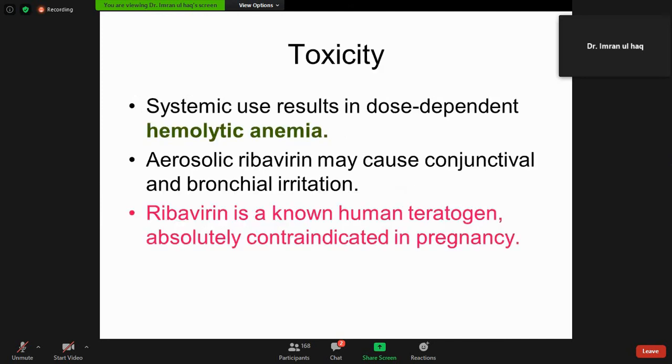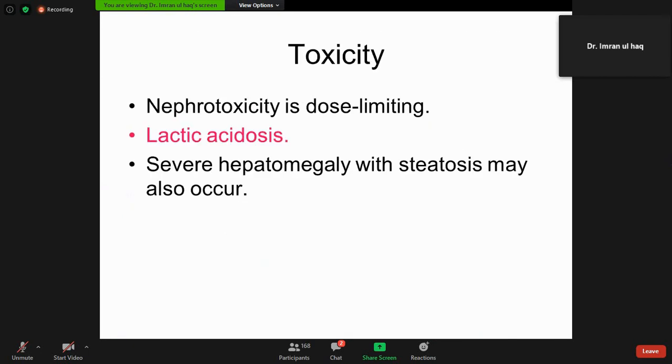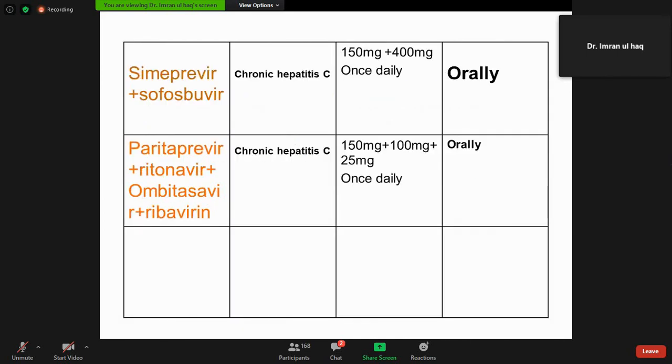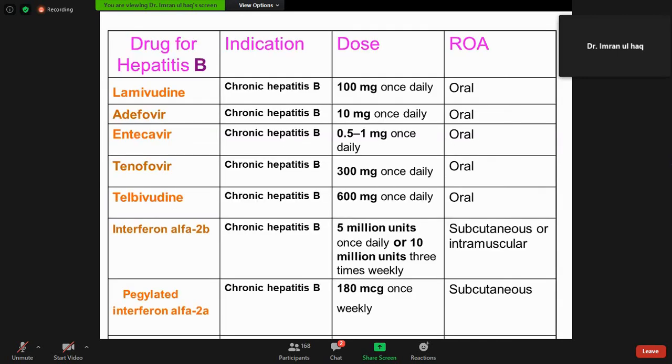Now back to the chart. Orally we have lamivudine, adefovir, entecavir, tenofovir, and telbivudine, right. So these are the oral drugs that can be used in the treatment of hepatitis B, and already we have discussed the important points regarding these drugs.